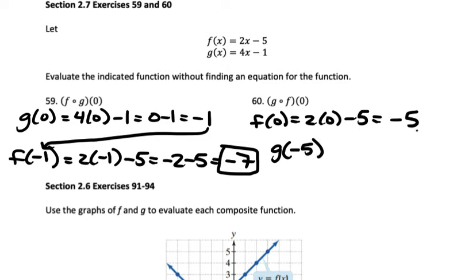So again, once I find that value, I plug that in for x into my function on the left. So g of negative 5 is 4 times negative 5 minus 1, which is negative 20 minus 1, or negative 21. So that would be my answer.